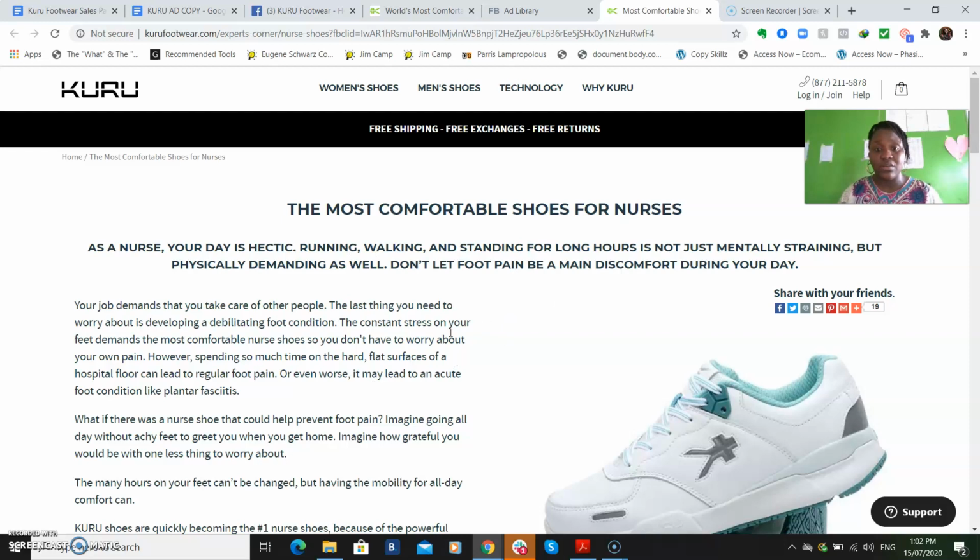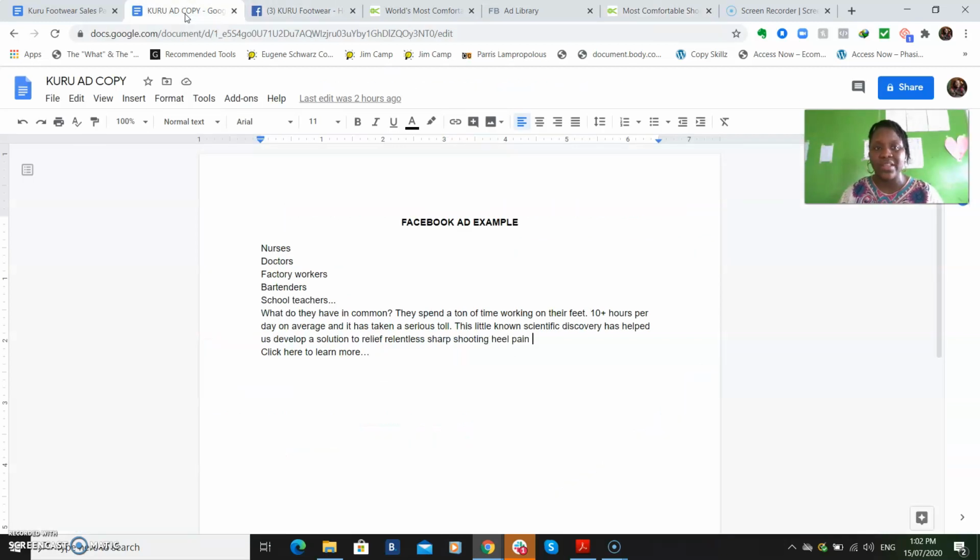While this page is pretty awesome, I would say the best way to approach it is the way that I did it here, where you're talking to people who generally spend a lot of time on their feet.